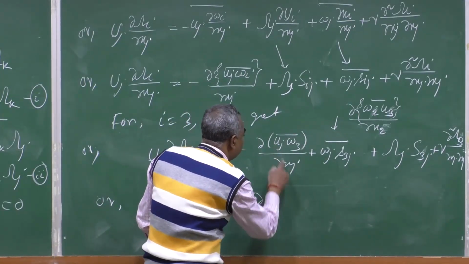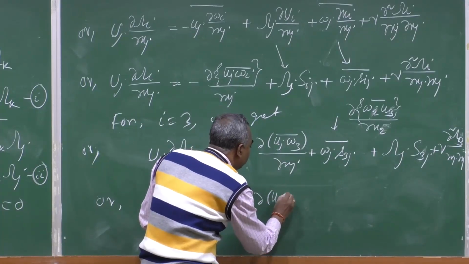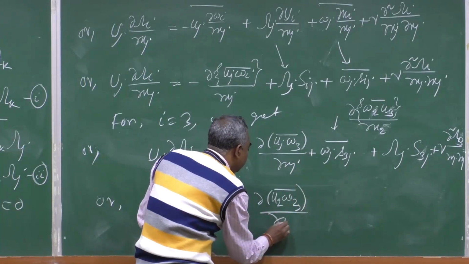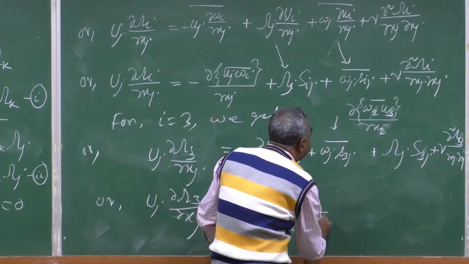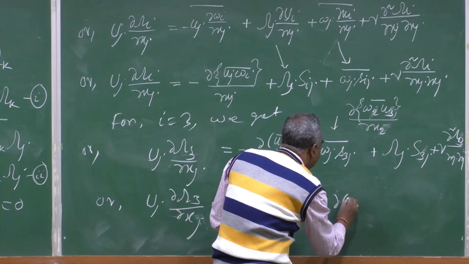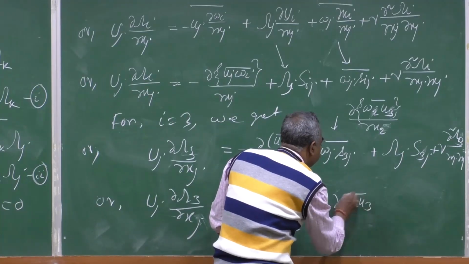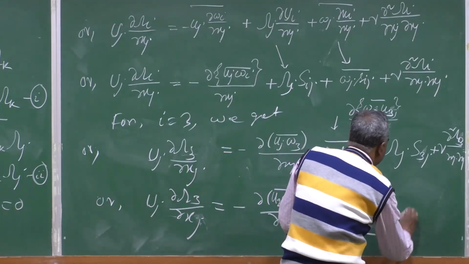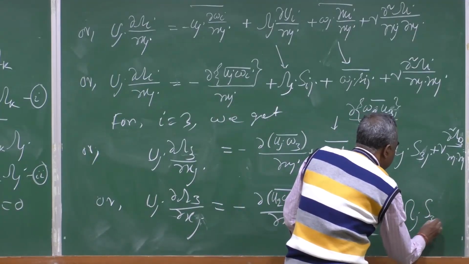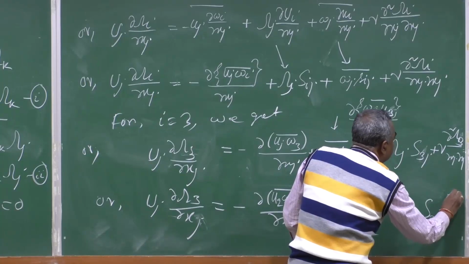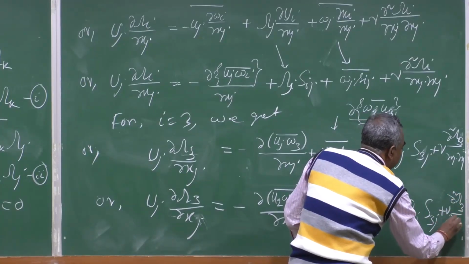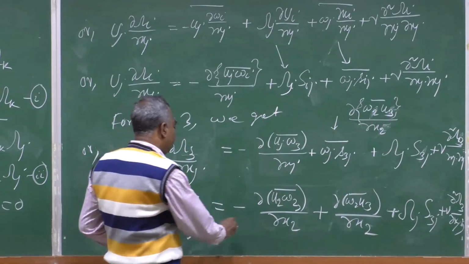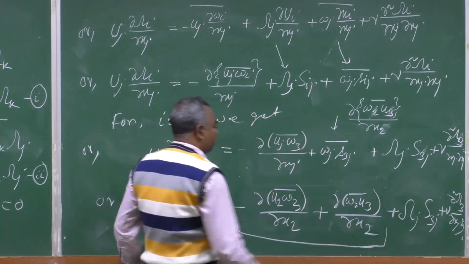It is going to be the cross stream gradient, del u 2 omega 3 bar del x 2, and here we are going to get this particular term, del omega 2 u 3 bar del x 2, plus whatever else is there, we do not disturb, let us keep it as it is, del x j del x j, because we are interested only in these two terms at this point of time.